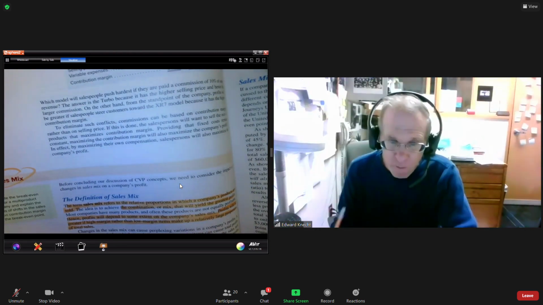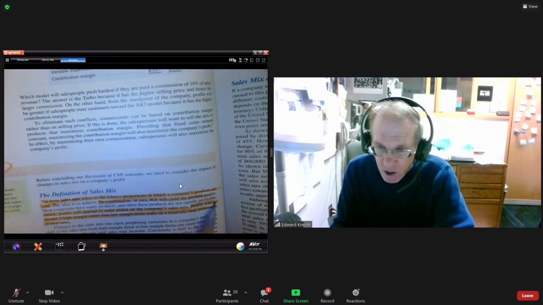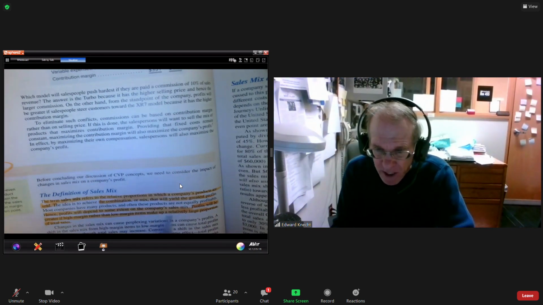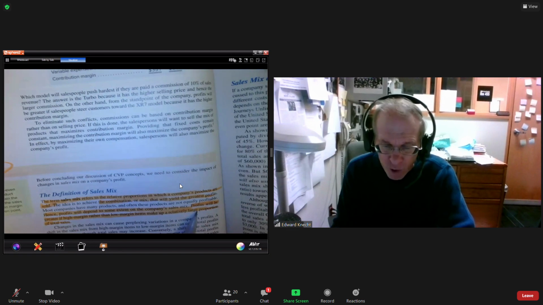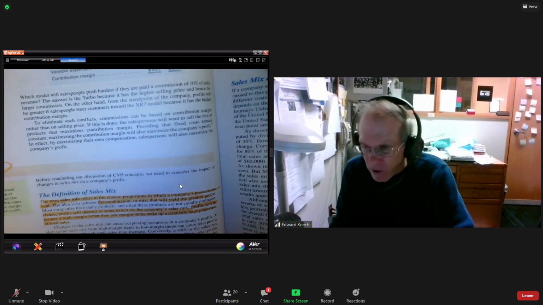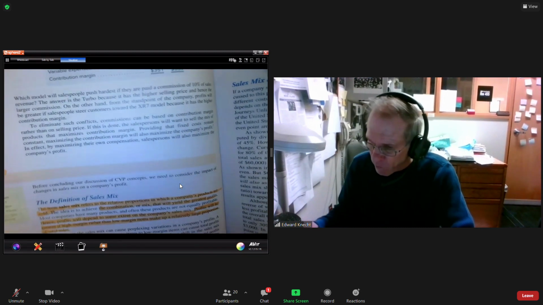Hence, profits will depend to some extent on the company's sales mix. Profits will be greater if the high margin rather than the low margin items make up a relatively large proportion of total sales. Try to wrap your arms around those statements, but it's much easier if we go over an example.